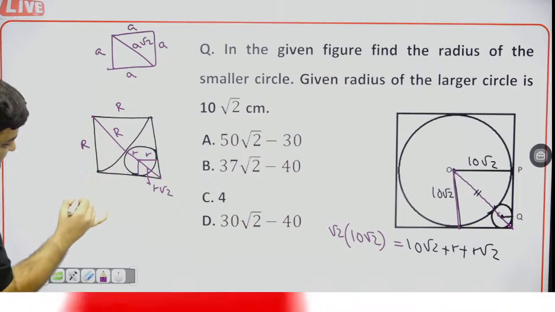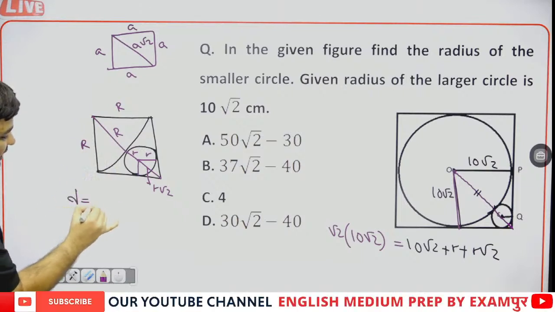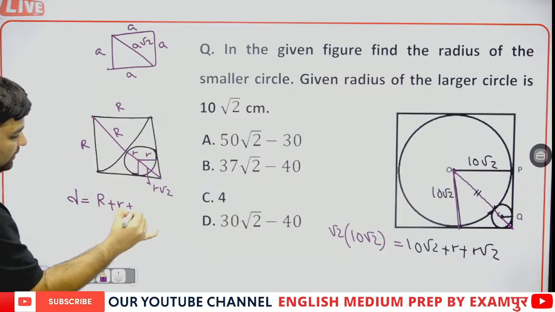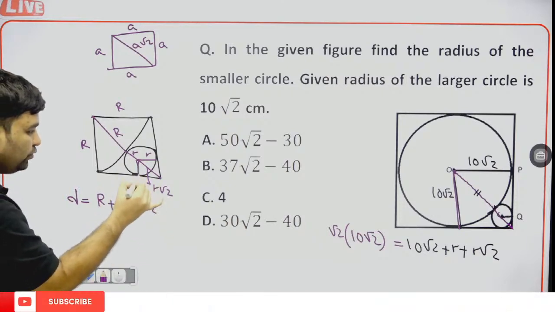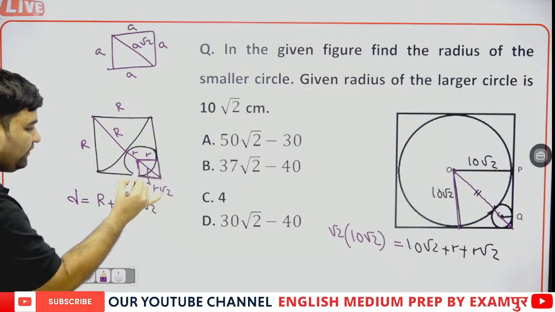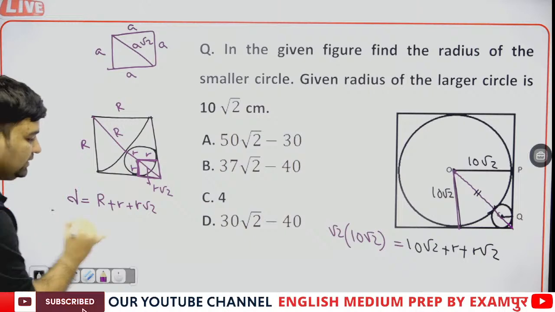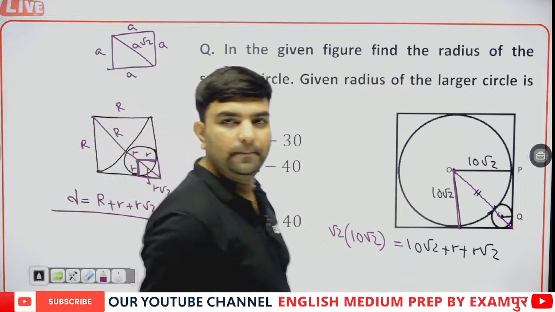So the diagonal is equal to capital R plus small r plus r root 2. From where is r root 2? Again from the square of a small diagonal. Is the logic clear now?